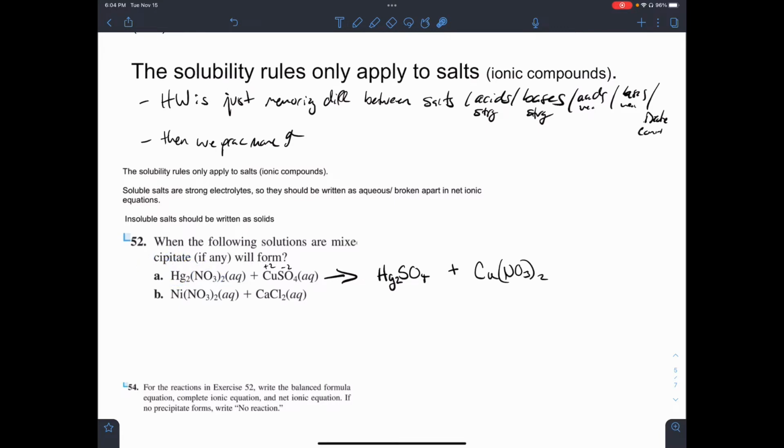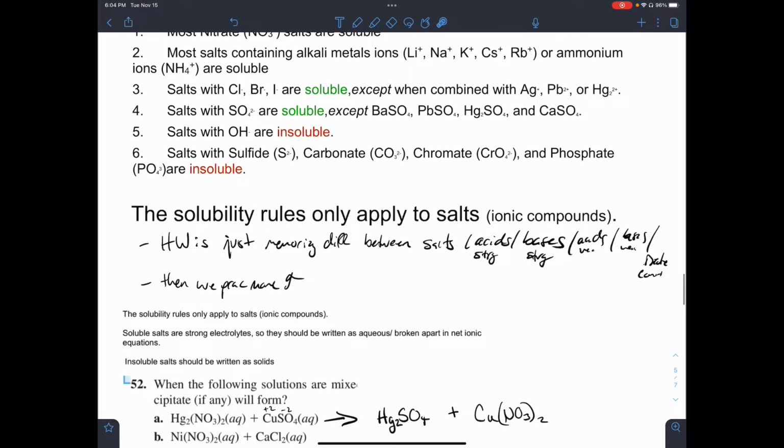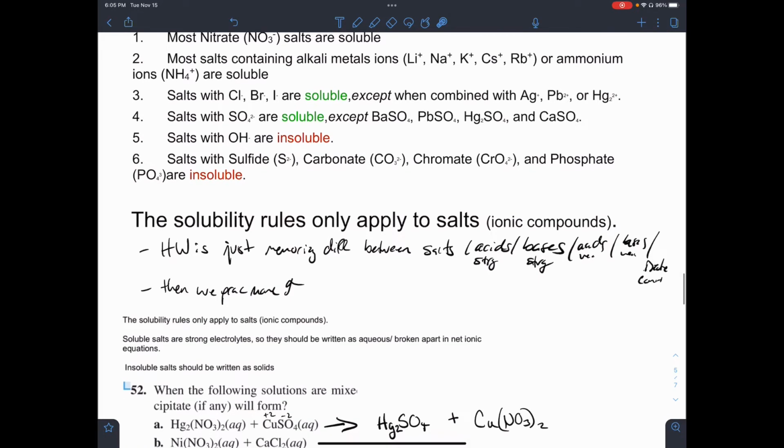Now I'll use the rules to determine if either one of these substances will form a solid or neither. Rule number 1 says most nitrate salts are soluble. So this has nitrate in it, which means it should be aqueous.